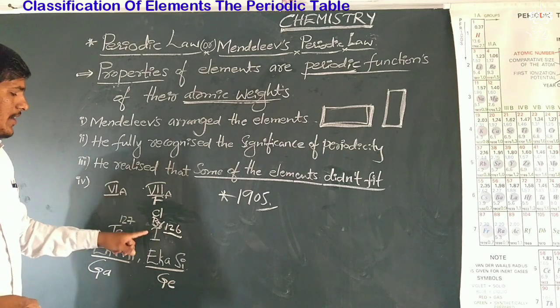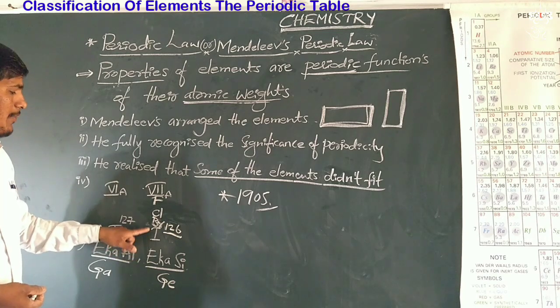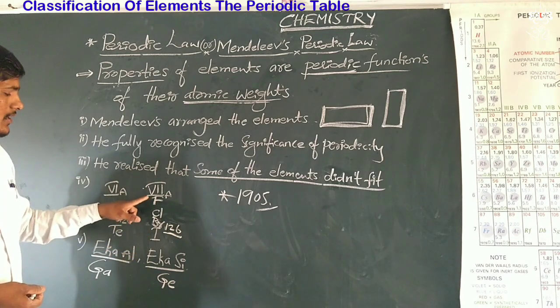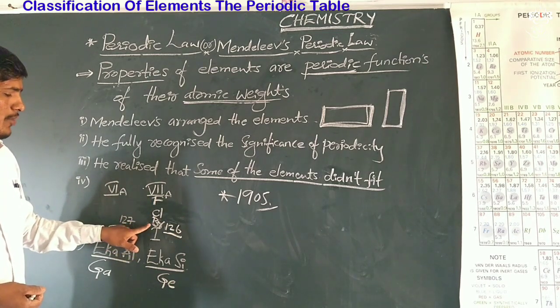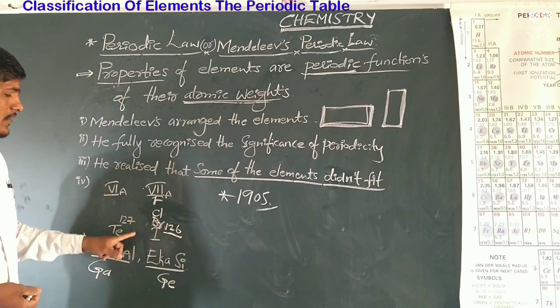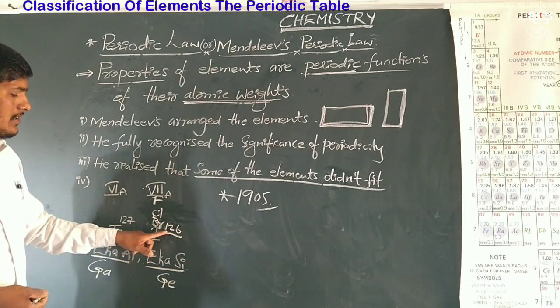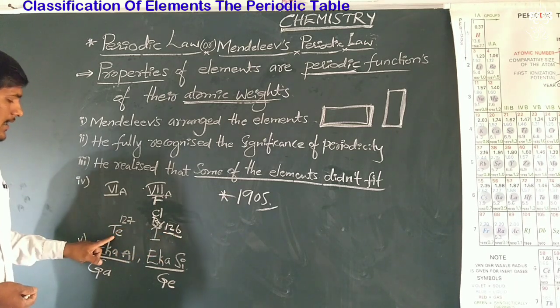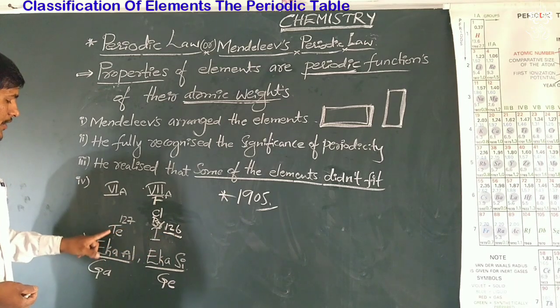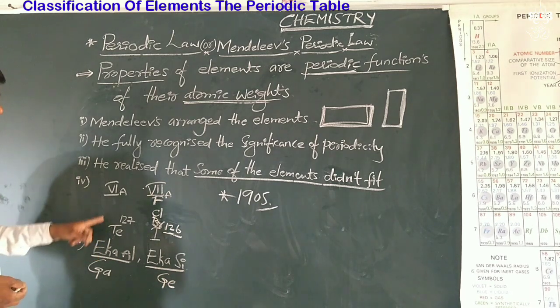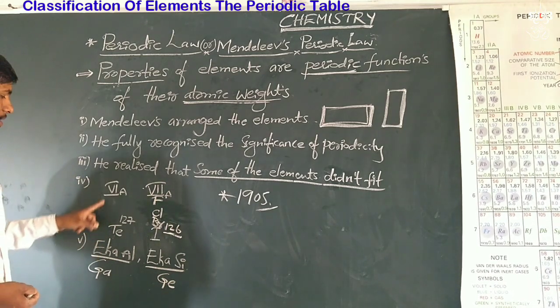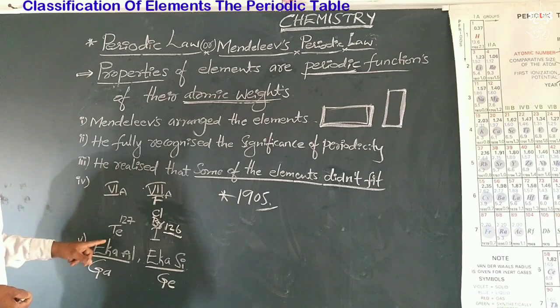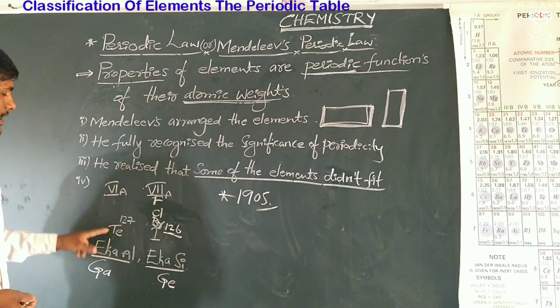Because iodine has properties similar to the remaining halogens, he neglected the atomic weight of iodine, which is lower than that of tellurium. And tellurium has properties similar to the remaining 6th A group elements, so it is placed in the 6th A group.